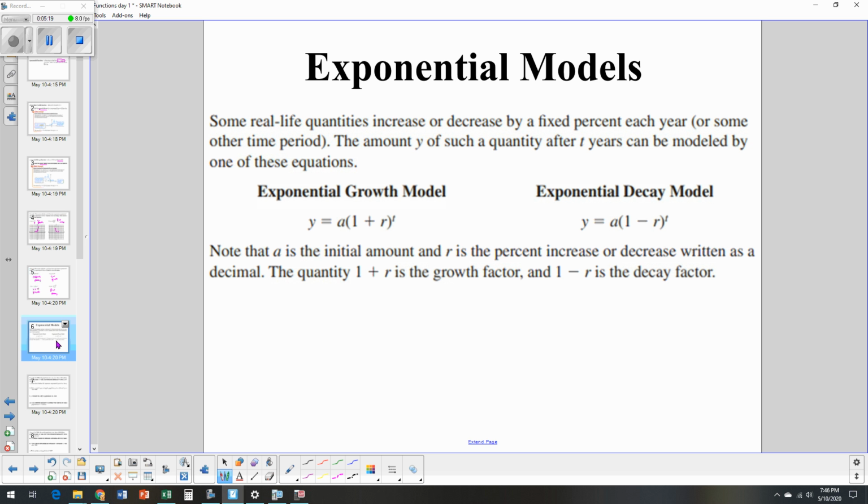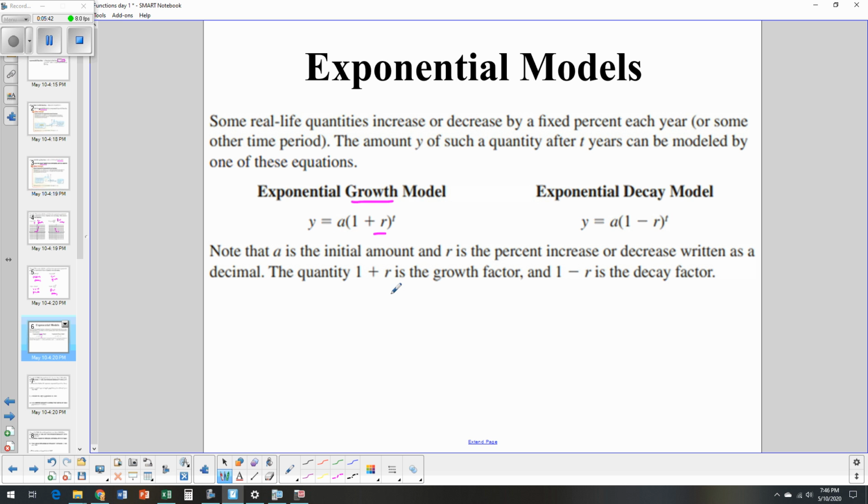So a lot of real life quantities increase or decrease by a fixed percent every year or every time period that they specify. So the amount y of such a quantity after t years can be modeled by one of these equations. So if it's exponential growth, a is our initial amount, and then it's 1 plus the percent of increase.